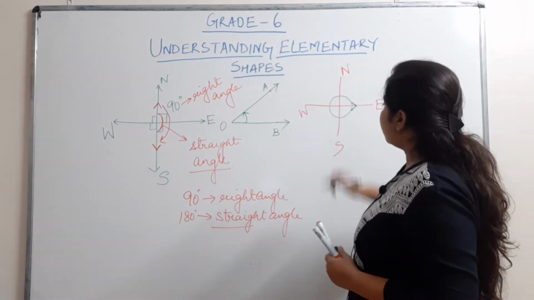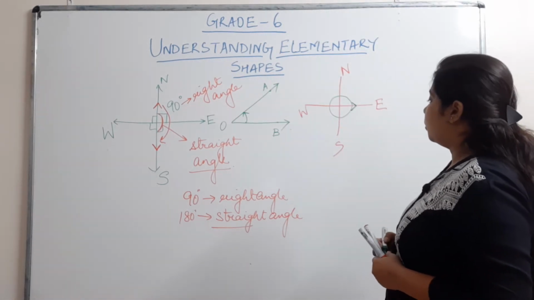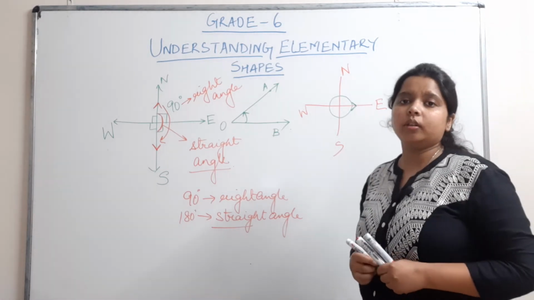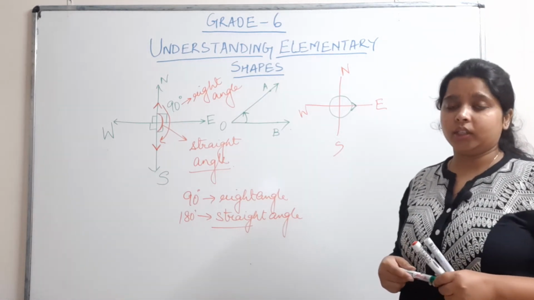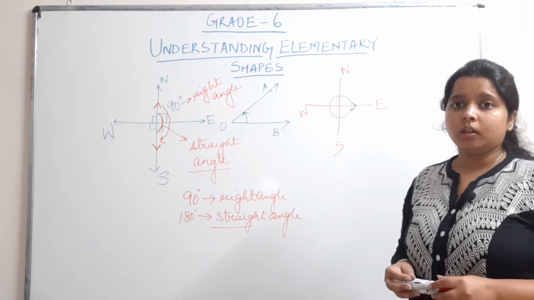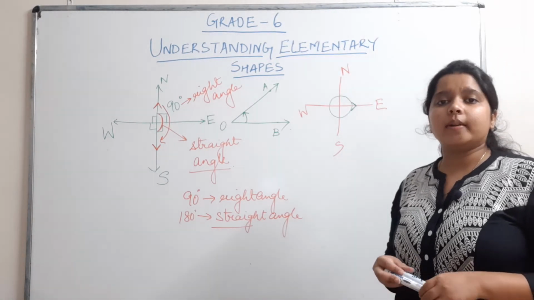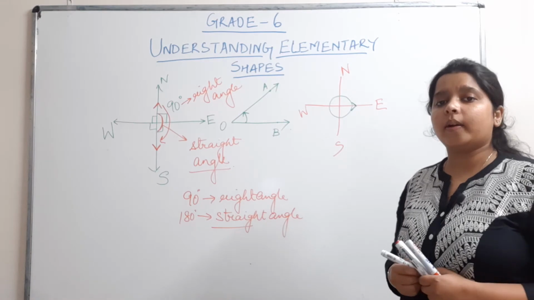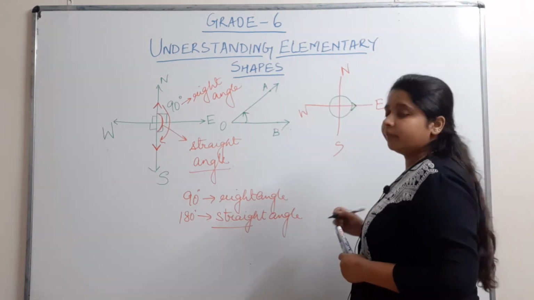Okay. Now what about a person who turns only 1/4 of a revolution in the anti-clockwise direction? So where will he face?